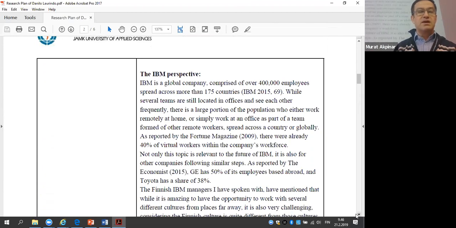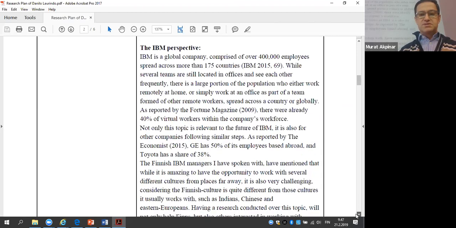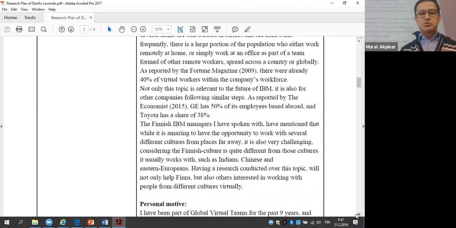And then Danilo was working for the company IBM, and he is presenting here the perspective from the companies, the motivation from the company's perspective, introducing the company, saying that in IBM, global virtual teams are used.